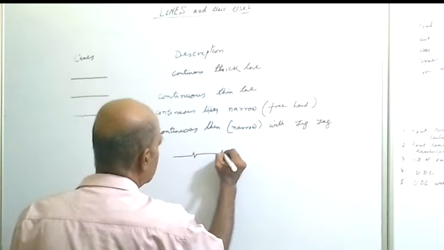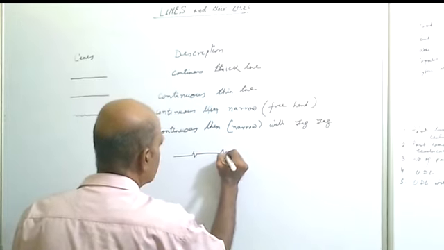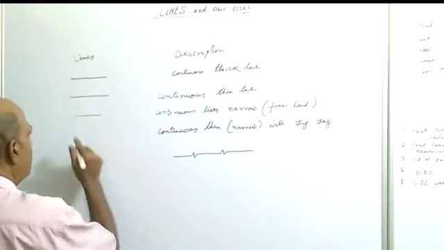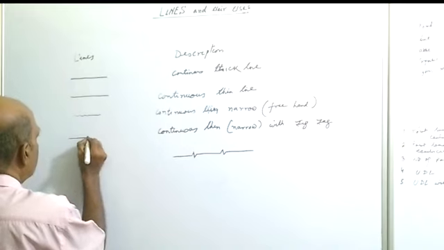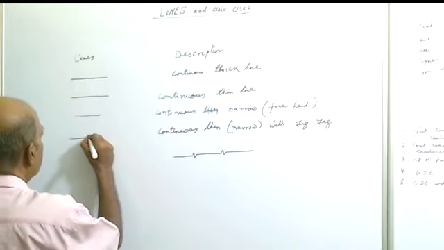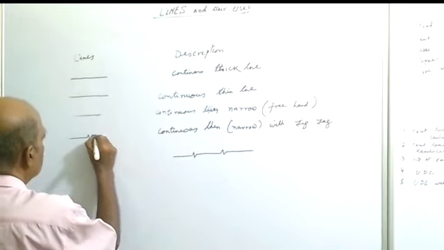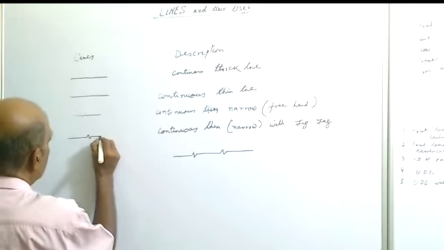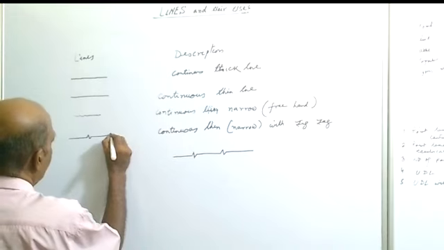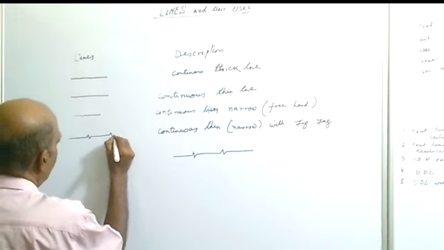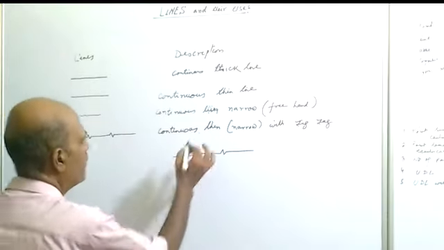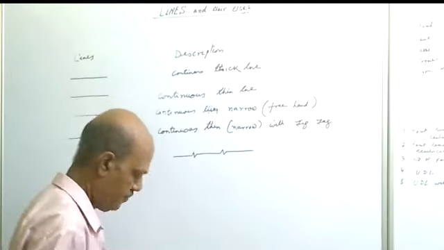The long break lines are shown like this. So this is the line in the designation of the types of line: the continuous thin narrow with zigzag line.